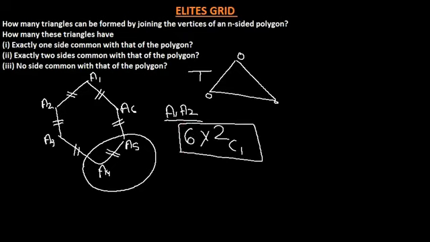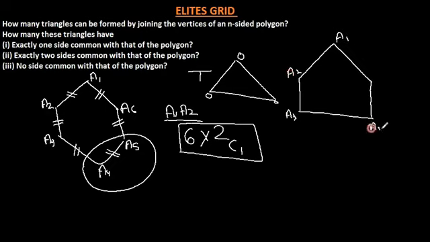Okay, now take this case for a pentagon: A1, A2, A3, A4, A5. If you are selecting A1 A2, or A2 A3, or A3 A4, or A4 A5, or A5 A1, then if you select A1 A2, you cannot select A5 or A3 because that would be a two-sided common figure.